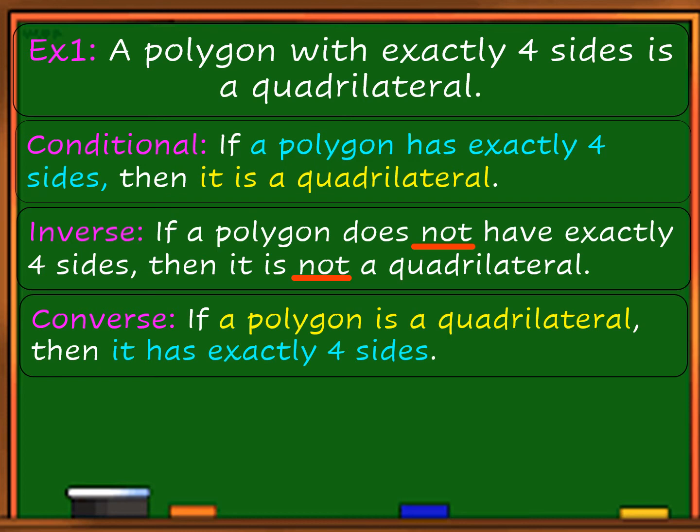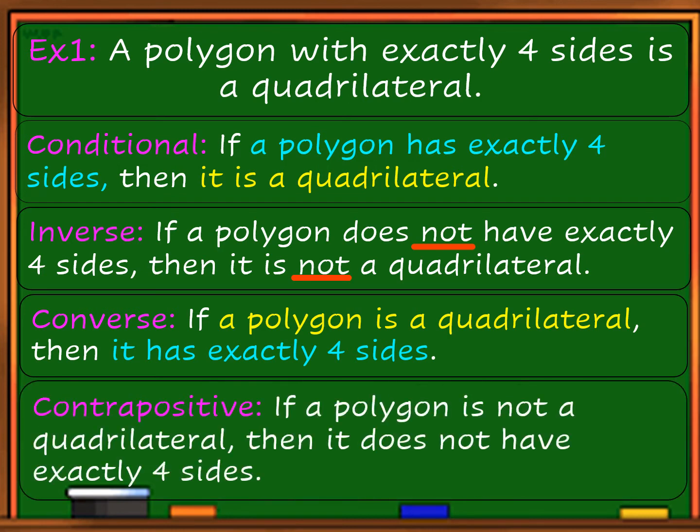The contrapositive, on the other hand, is formed by negating the converse statement. Hence, it is written as, if a polygon is not a quadrilateral, then it does not have exactly 4 sides. Again, take note of the word not. It is inserted to make the converse statement negative.